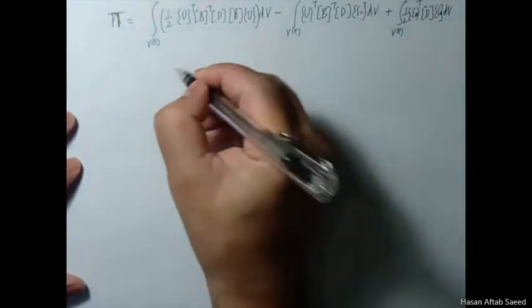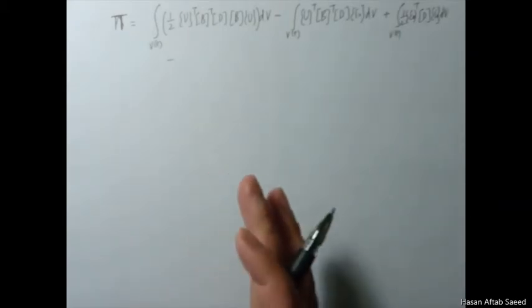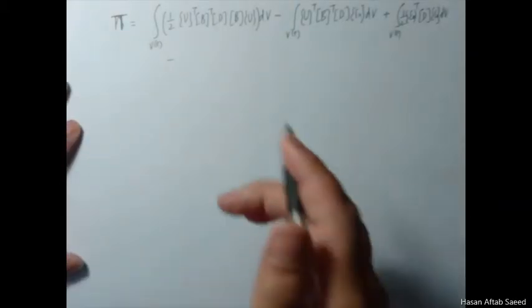This is the strain energy, and for work potential we have to use a negative sign because the potential decreases and the strain energy increases, so there's a balance there.